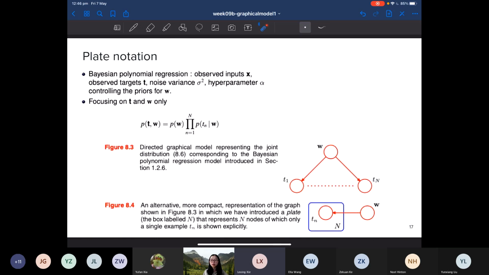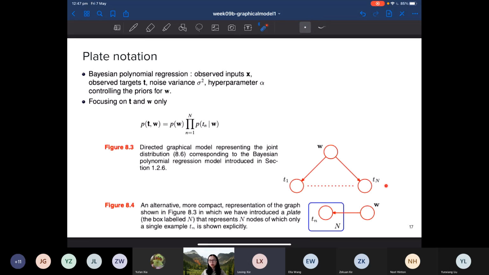We denote them as T1 through Tn, and they all depend on, if we're being Bayesian, this variable called W, which is the weights of regression. The book talks about Bayesian polynomial regression, but this notation essentially applies to many of the vanilla machine learning models we looked at.